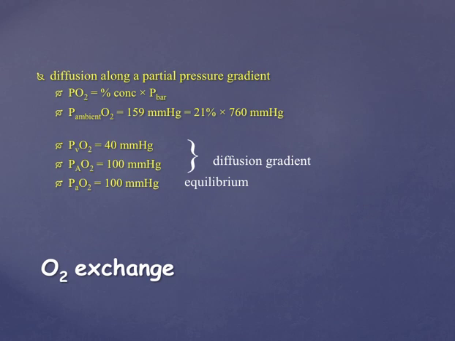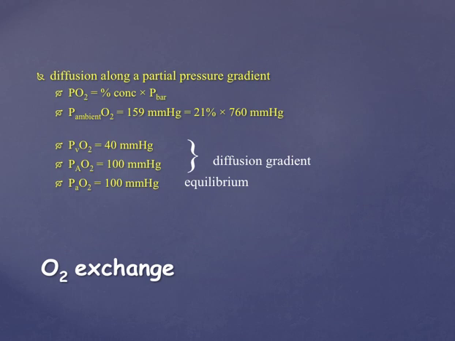So the partial pressure of oxygen in blood returning to the lung will be lower, which means the gradient will be greater, which means there's going to be more of a drive for oxygen to move from the air to the blood, which is a good thing because we need more. So everything works out well.